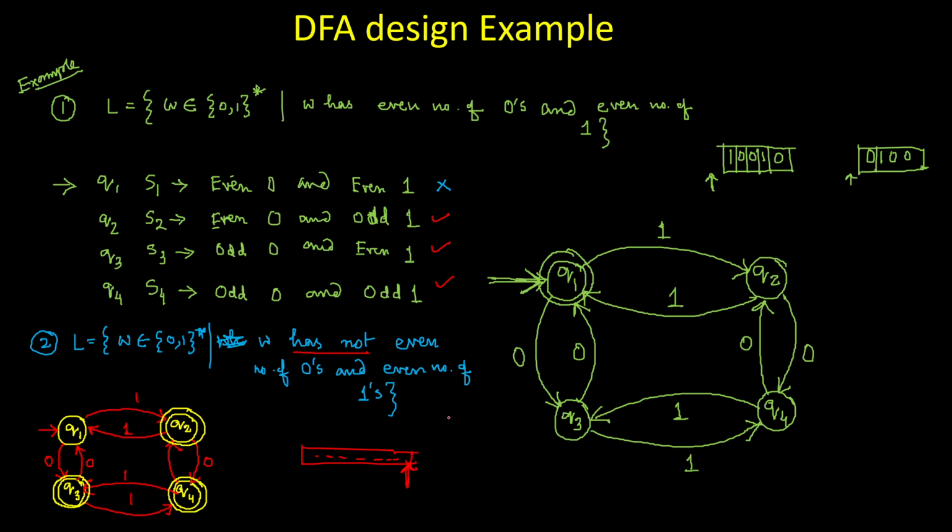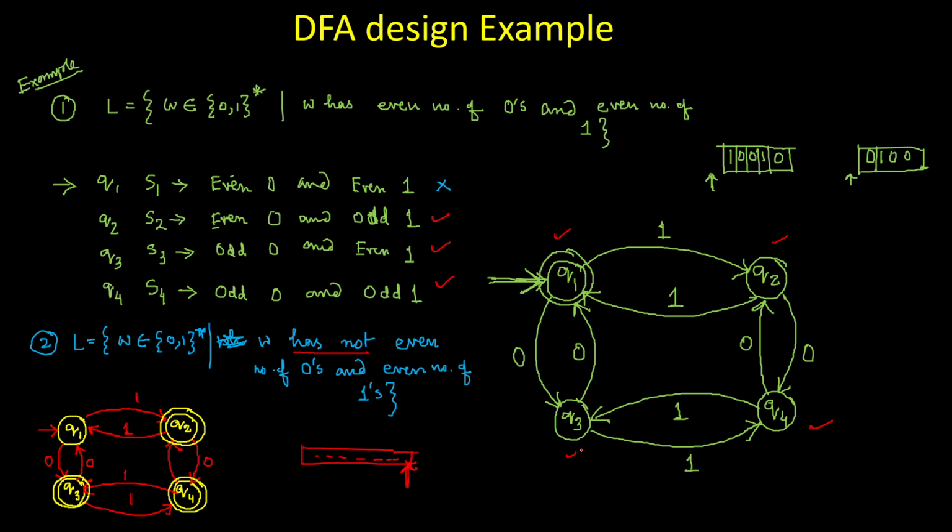So this is the example of designing a DFA, but here it doesn't end, because now we should consider what should be the transition function, right? First of all, how many transition functions will be there? You see, I have 4 states, state number 1, 2, 3, 4. From each and every state, I have a possibility to change to one of these other states because of 0 or 1.